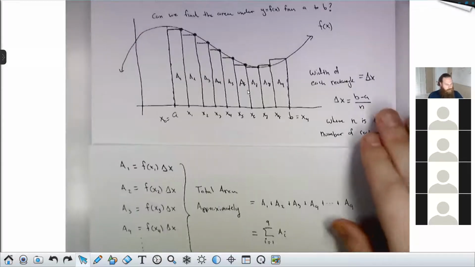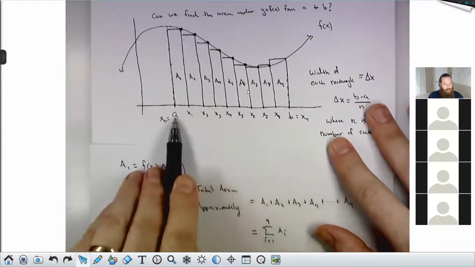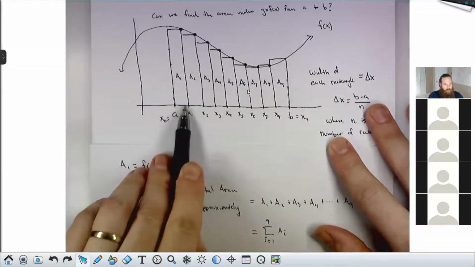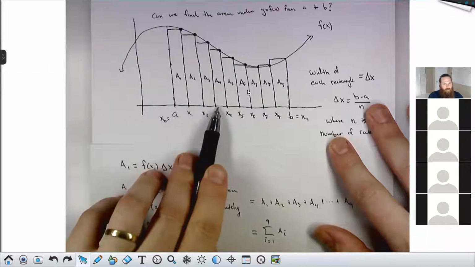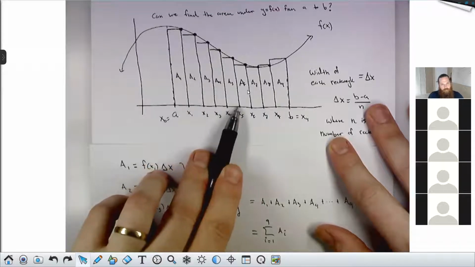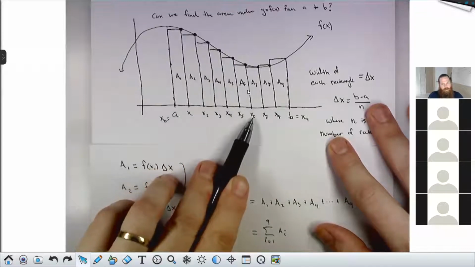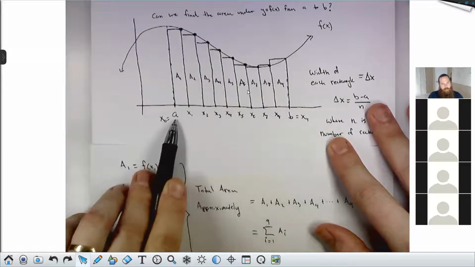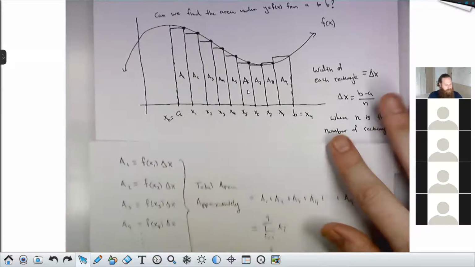How do I get to, say, the right-hand side of the 5th subinterval? Well, I start at a, and I walk over 1 delta x, 2 delta x, 3 delta x, 4 delta x, 5 delta x, 6 delta x. So x6, I can think of as a plus 1, 2, 3, 4, 5, 6 copies of delta x.